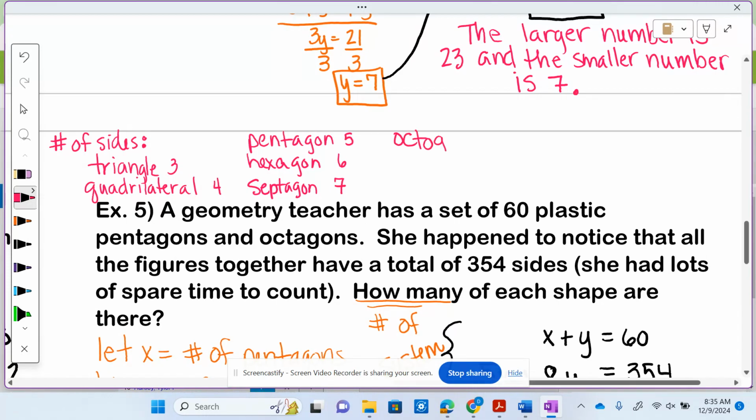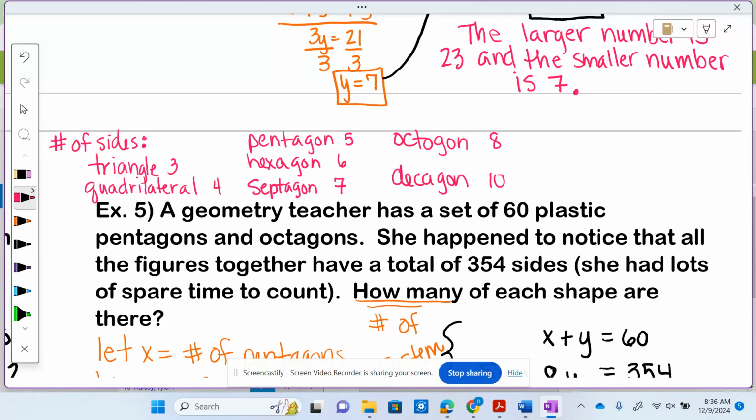Octagon, decagon. Yeah, 10. We'll stop with that. Really, you shouldn't have anything bigger than an octagon ever. And you probably will never see a septagon or decagon, right? But a hexagon, you should know that has 6 sides.